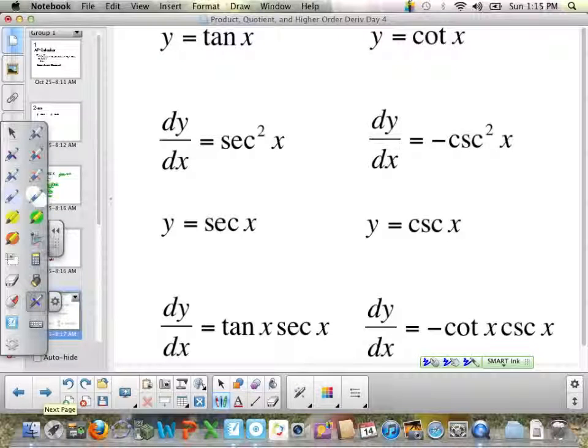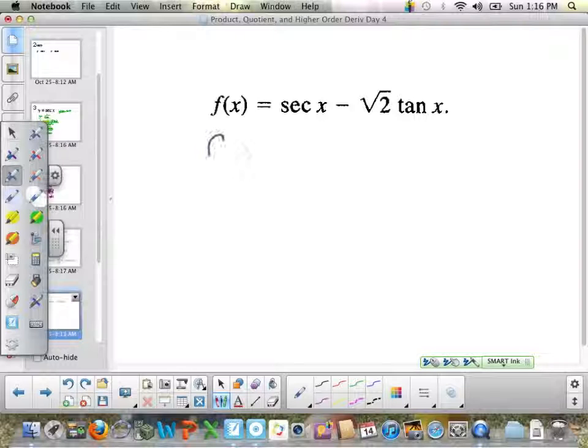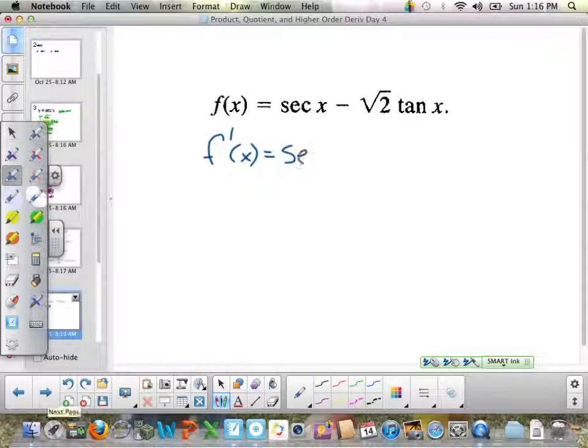Let's look at a few problems. F of x equals secant x minus square root of 2 tangent of x. Take our derivative, f prime. F prime equals the derivative of secant is secant x, tangent x, minus square root of 2 times the tangent of x.